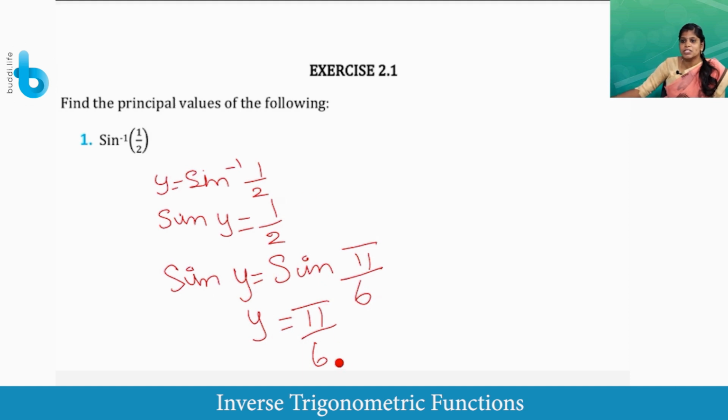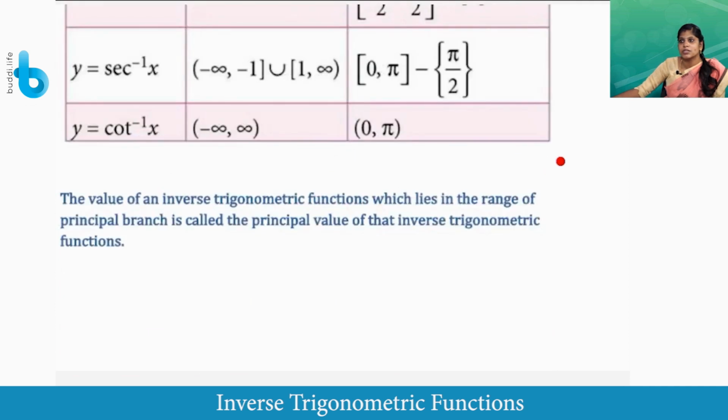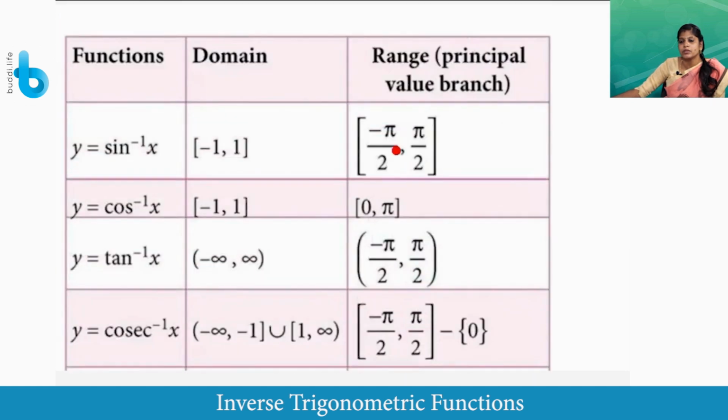We have to check the very first table we have seen. See where my value falls. The sine value falls between minus pi by 2 to pi by 2.